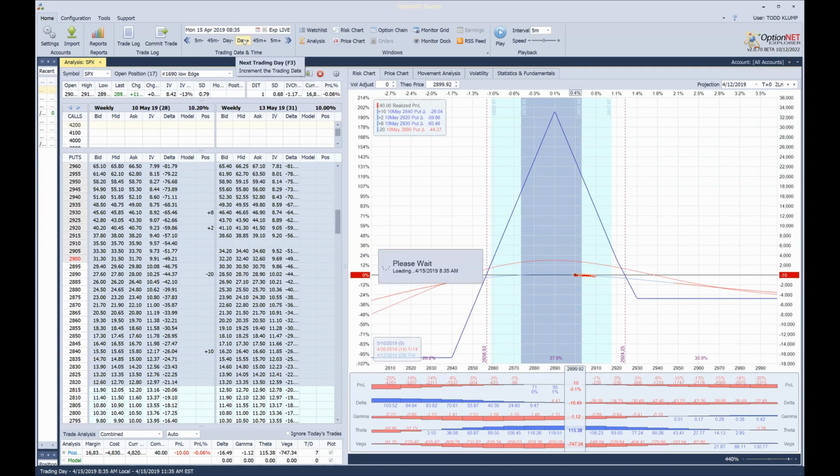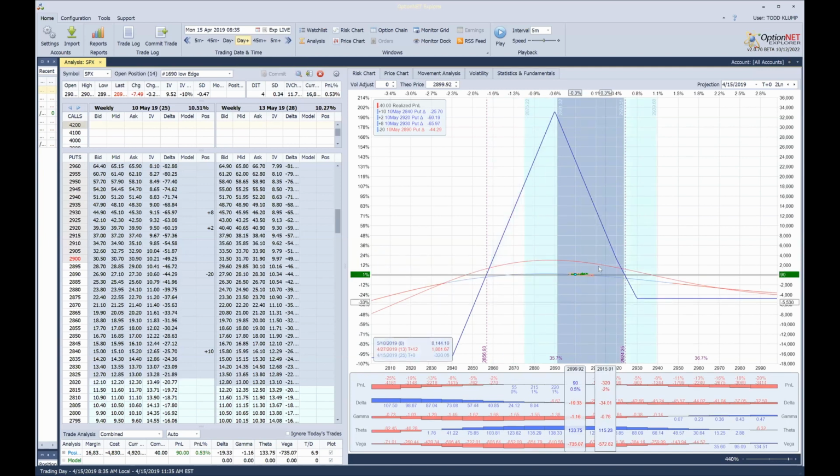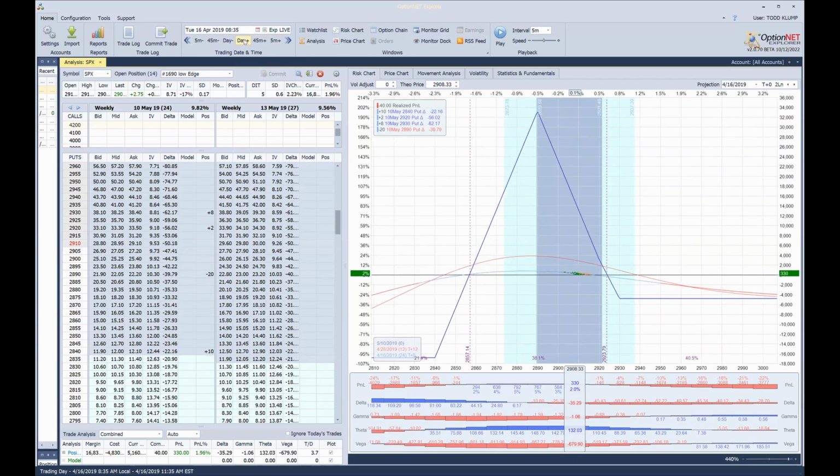So let's go another day here. All right, we're getting some excitement. We've got a little bit of decay coming into the trade. We're going day by day. This is when most people say, look, the volatility is coming into the trade, because we're starting to see the T+0 line lift.